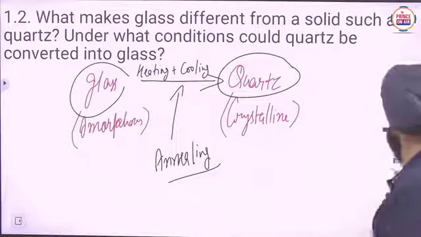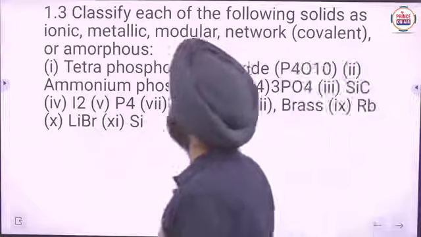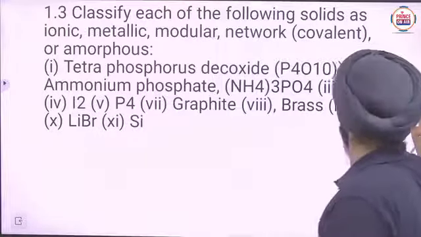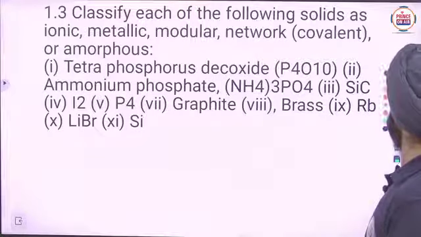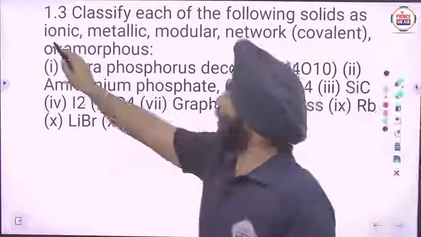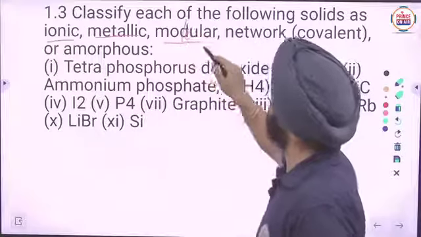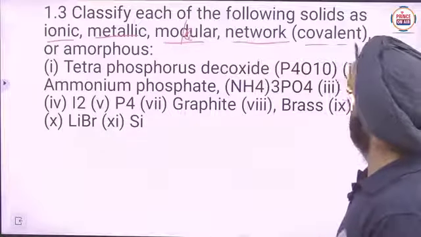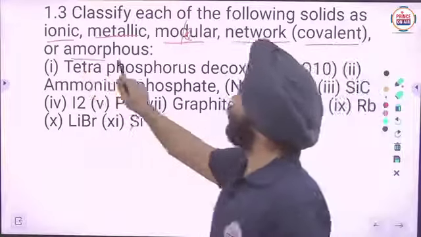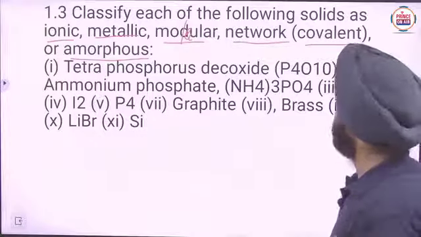Clear? Now next is: classify each of the following solids as ionic, metallic, molecular, network or covalent, and also amorphous. The first one is tetraphosphorus decoxide.